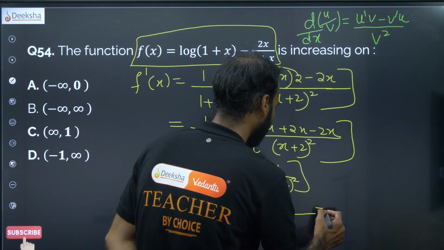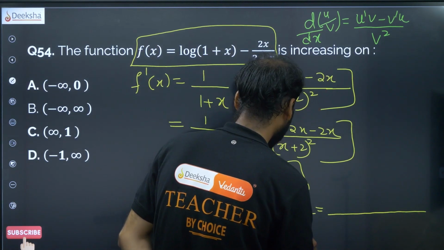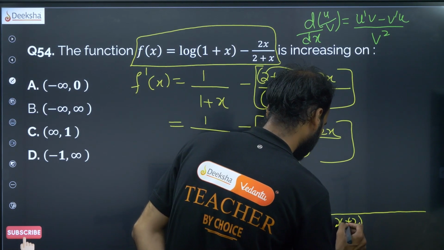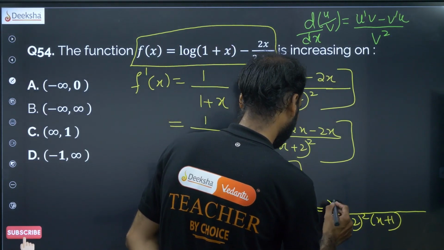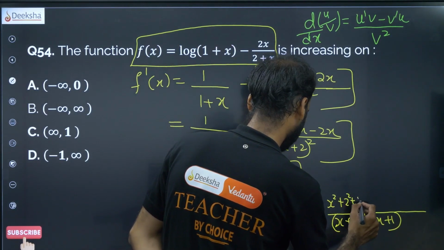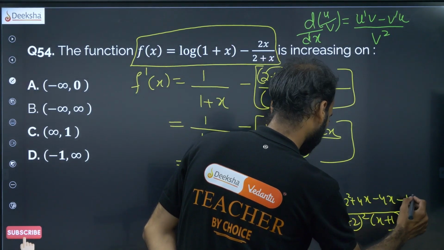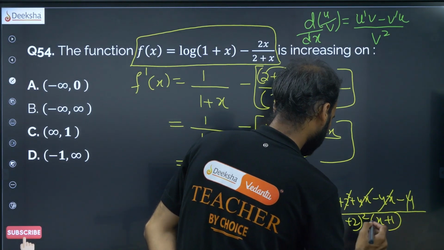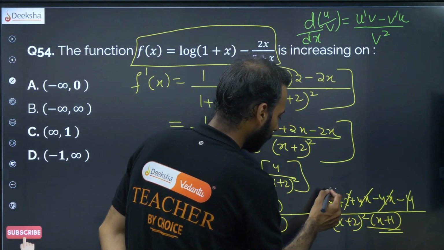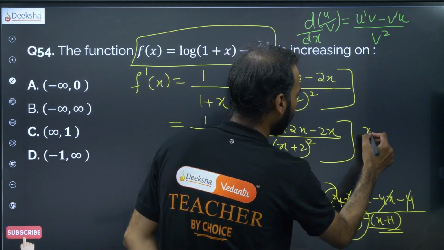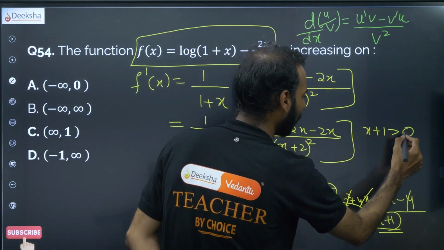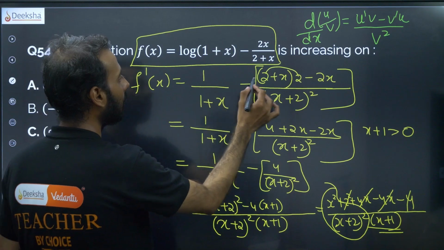Next, I am simplifying this, nothing else. This is positive by positive, positive by positive is positive. So x plus 1 has to be greater than 0 because it is increasing.